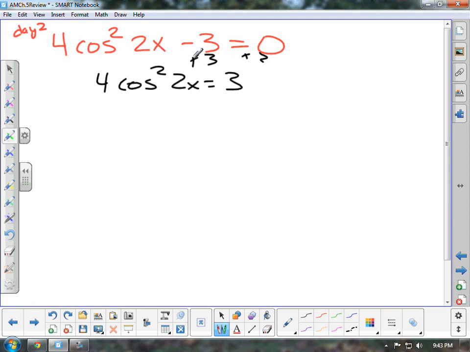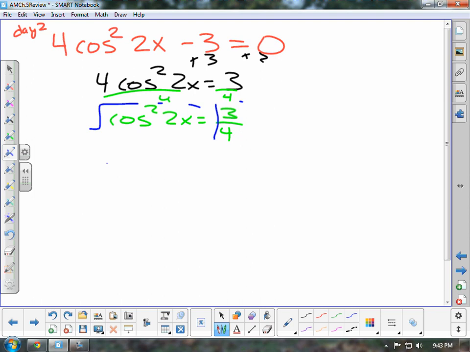Next thing you can do is divide by 4 and get cosine squared 2x equals 3/4. After that, we would take the square root. And so then cosine of 2x equals the square root of 3/4, which would be plus and minus the square root of 3 over 2.